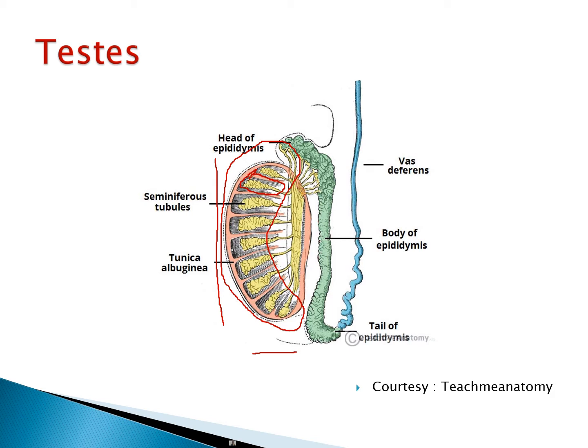The part which I am showing with the green pointer, this part, this and this, these are the secondary sex organs. Main gamete formation occurs in the testes while the transfer of gametes is done with the help of secondary sex organs.